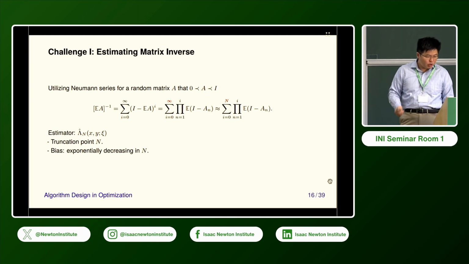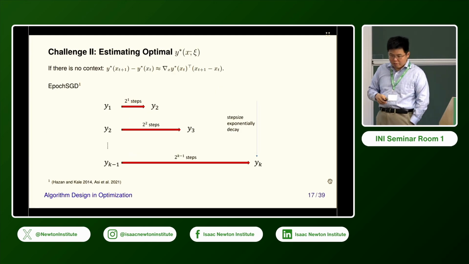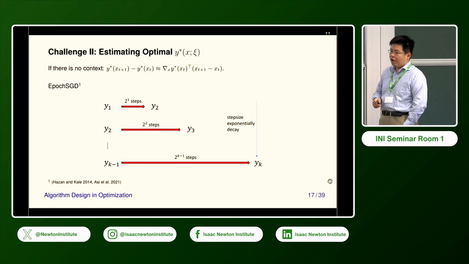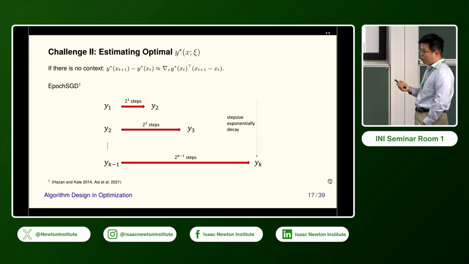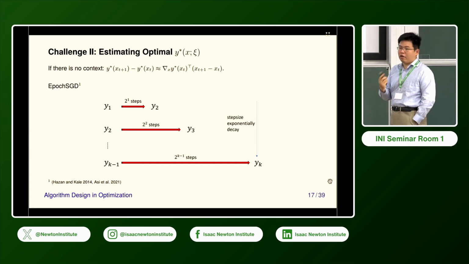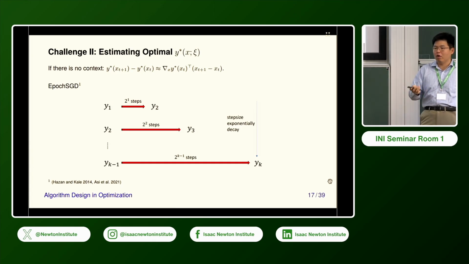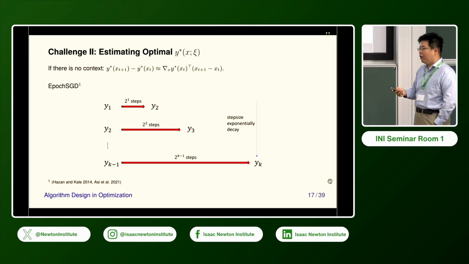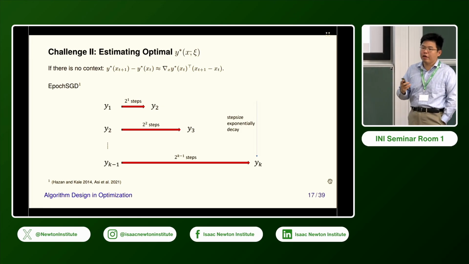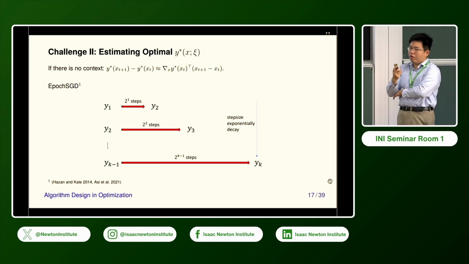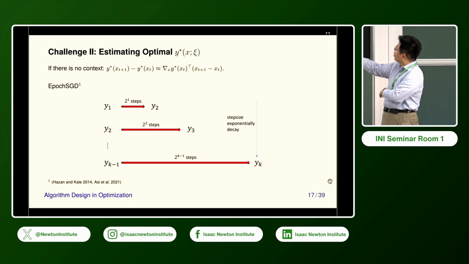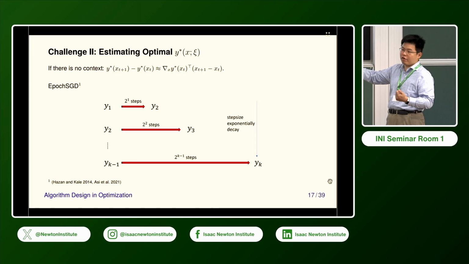The second challenge is much more interesting. If you see from the modeling perspective, from the bilevel problem to the contextual bilevel problem, all I add is that the lower level problem has to, the optimal response has to depend on a random context, right? And this seems to be quite a small change. What makes things difficult? Imagine if you don't have this context here, and then the best response is only going to depend on the leader's decision.